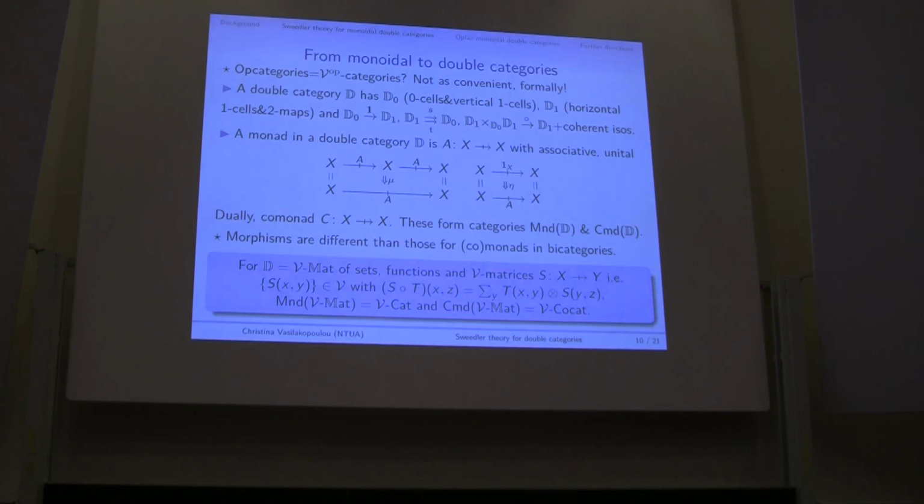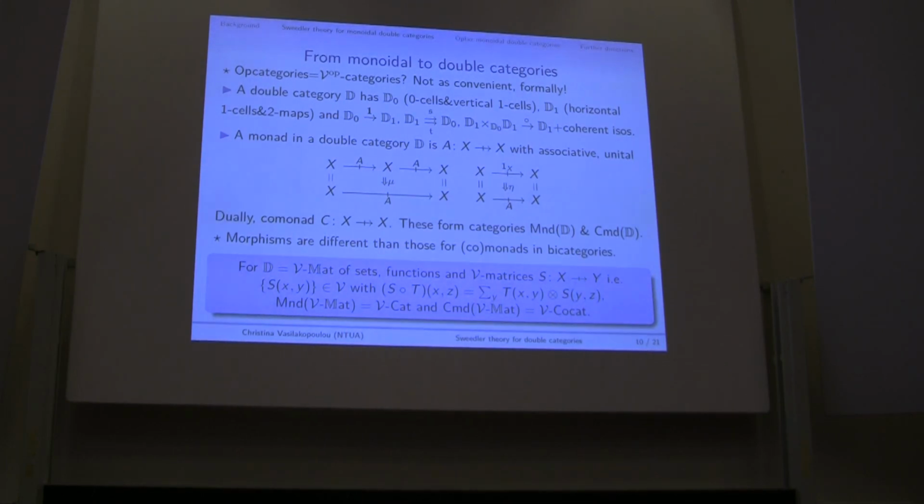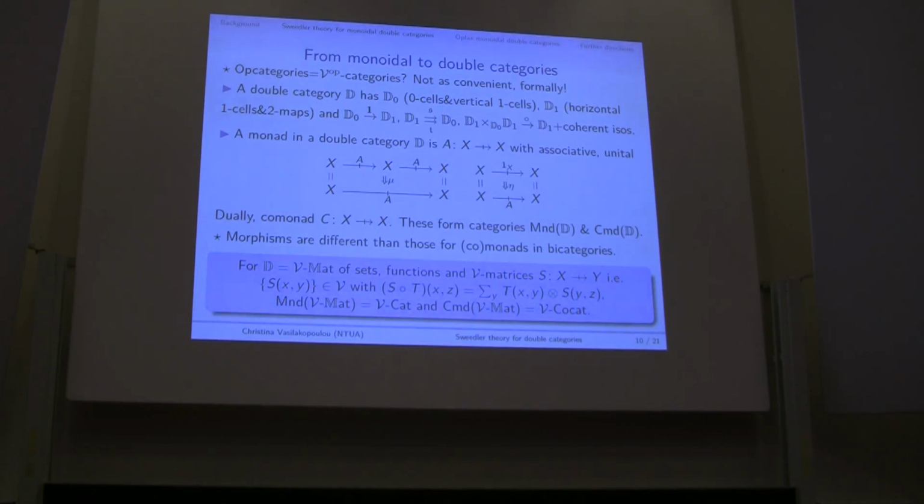The definitions I showed you earlier absolutely fit in this framework of monads and comonads in double categories, with an emphasis on the arrows. V-functors cannot be captured wholly as monad maps in the bicategorical context, and that's why we prefer this setting. Okay? So, double categories have advantages over bicategories, at least for our example at hand.